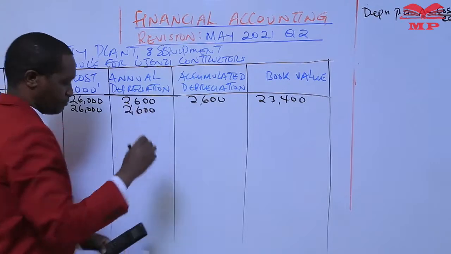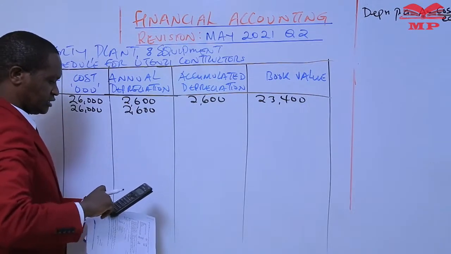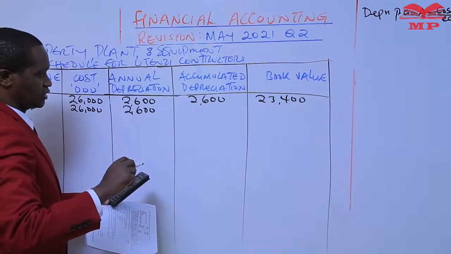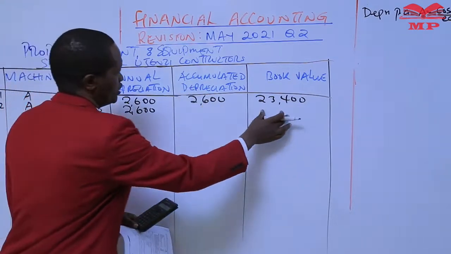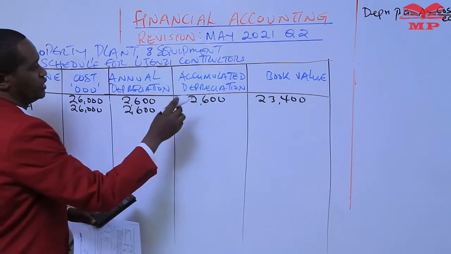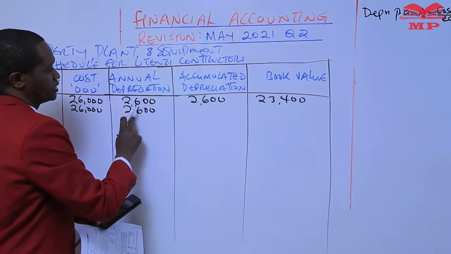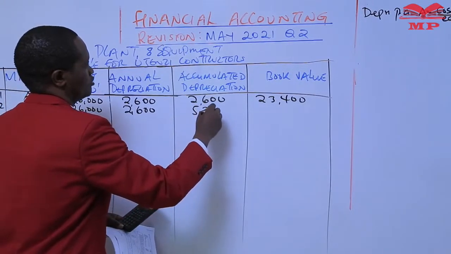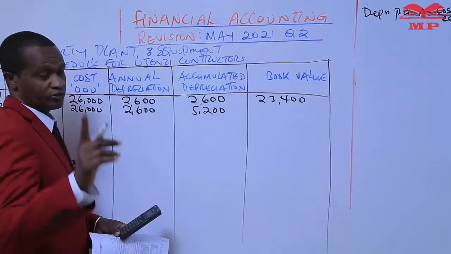The accumulated depreciation, candidates, before book value, will be 2.6 plus 2.6, which is equal to 5.2 million.